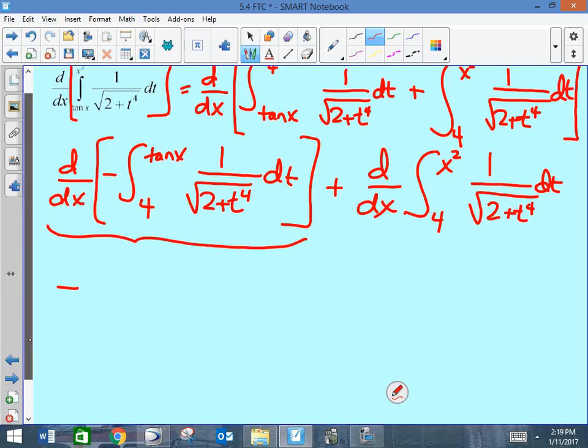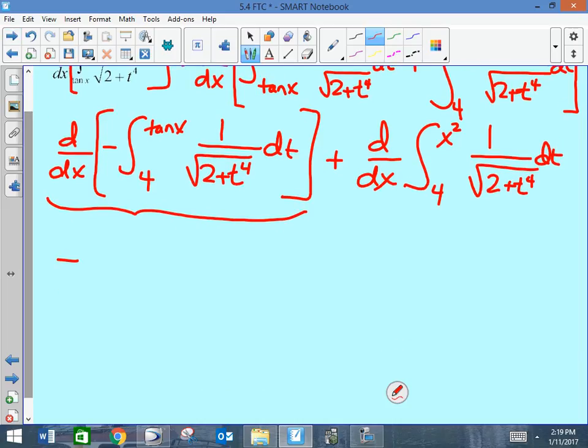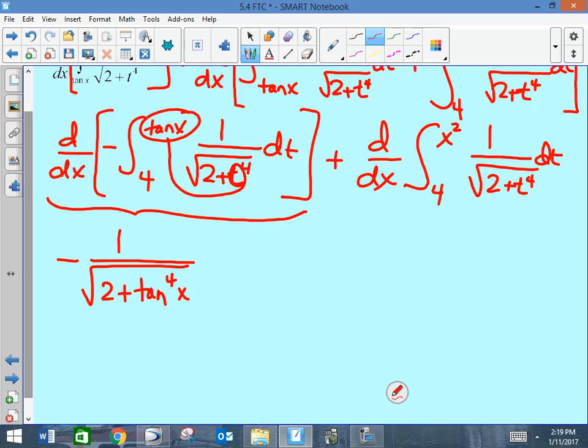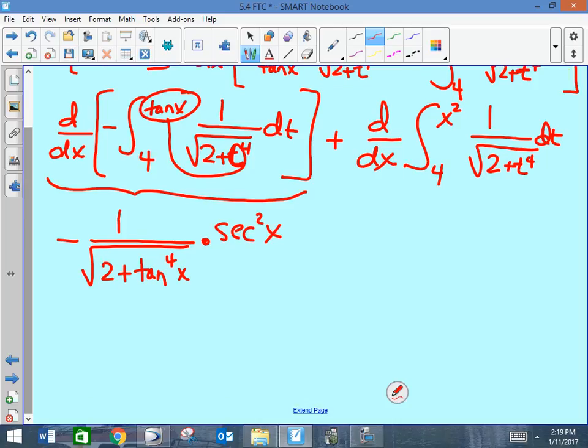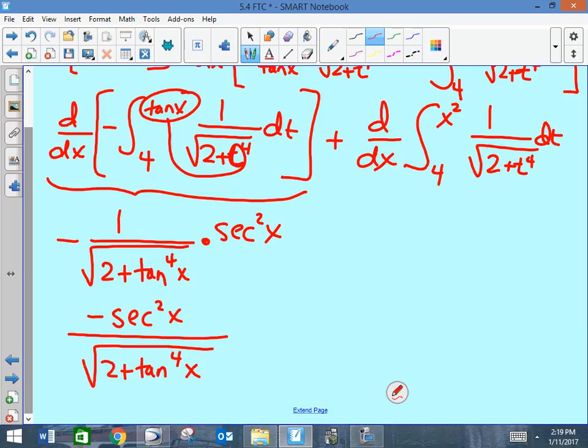Negative something. Putting this into that: 1 over square root of 2 plus tangent x to the 4, so tangent 4x is how we write that, times secant squared x. Good job. You would probably clean that up, and it would look like this. Good job, Abby.